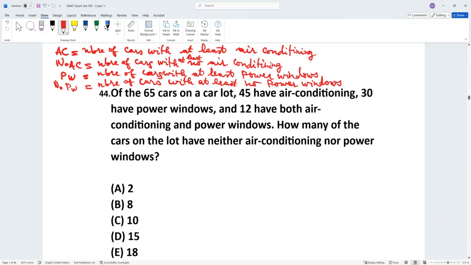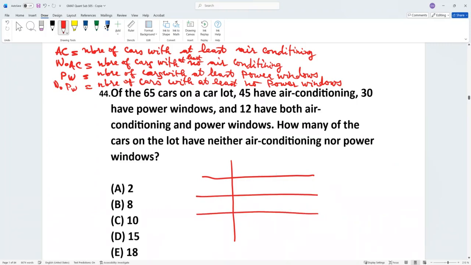So once we've determined that, we can use a table to actually determine the various values. So I'm going to use a table like this. Okay, so here I'm going to say AC and no AC. So these values here. And down here I'm going to say PW for power window and no PW.